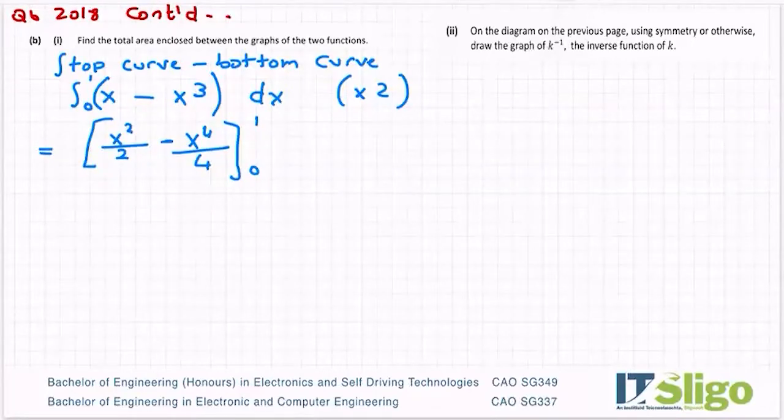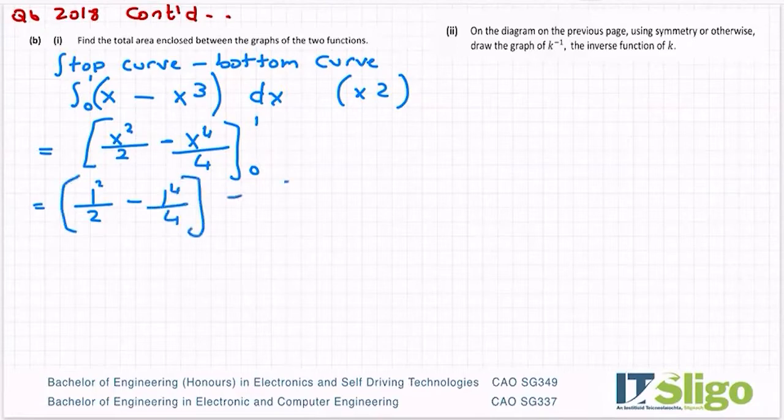So let's sub in the top minus the bottom. So it's 1 squared, which is 1 over 2, minus 1 over 4. So that's the top minus the bottom.